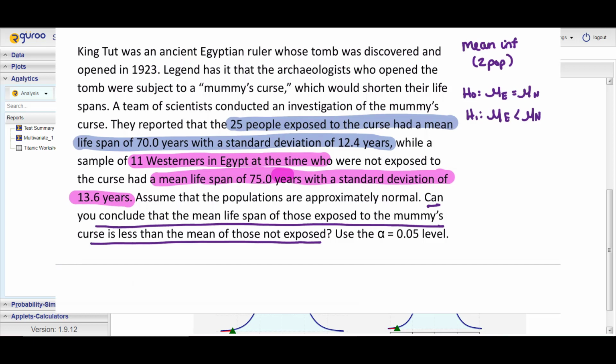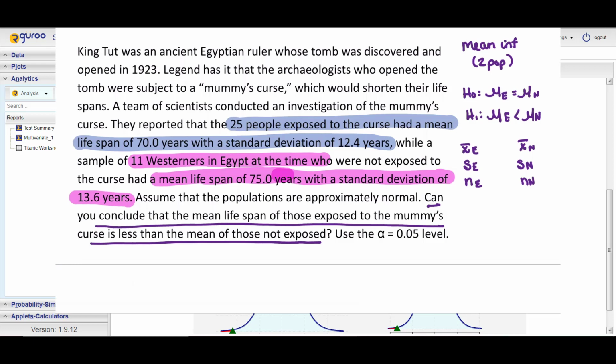And it's going to ask you for the sample mean of exposed, the sample standard deviation, and the sample size. It's going to ask you for the mean of the non-exposed, as well as the standard deviation and the sample size.